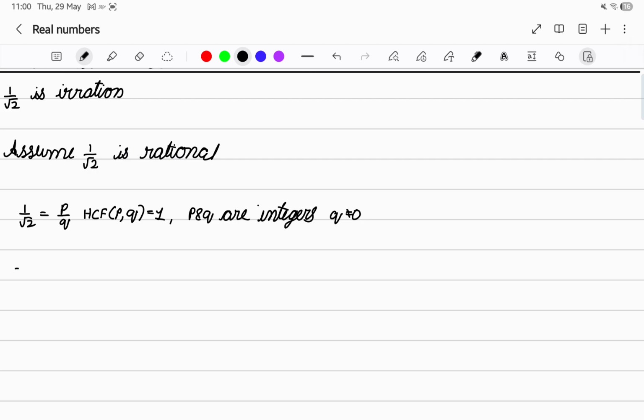Now this implies that I can switch this over. So 1 by root 2 I can write this as root 2 is equal to Q by P, switching this over also.